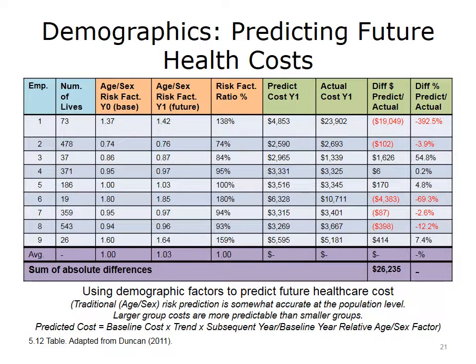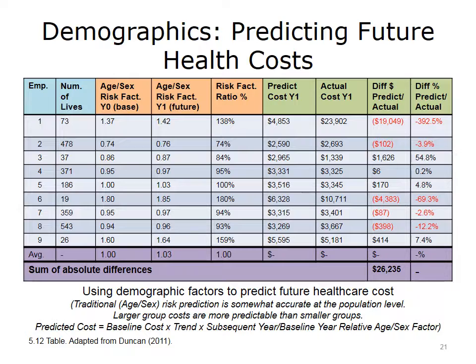This table lists a number of employer-based healthcare plans and calculates the overall risk factor for each of them using the method shown in the previous slide. For example, Employer Plan 1 has 73 employees, and their current weighted risk factor ratio is calculated at 138%, which means that their average cost will be 138% of the average cost of the larger population.